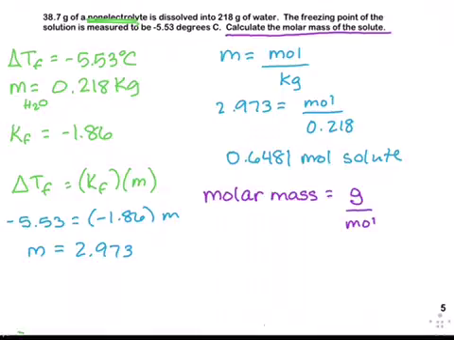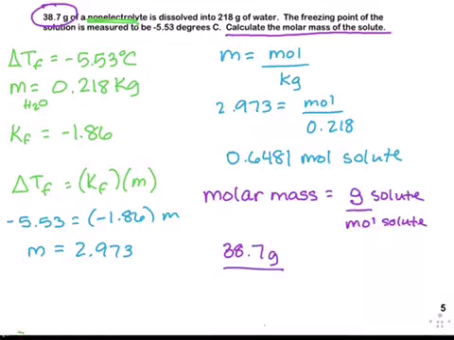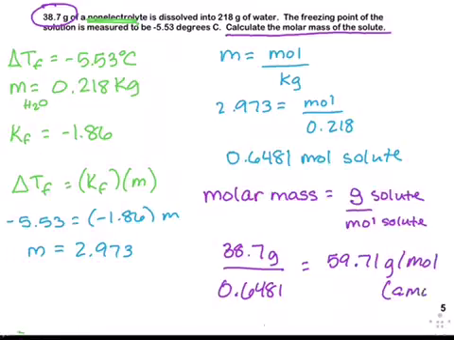Are you given the grams of solute? Yep. Do you have your moles of solute? Yep. Can you figure out your molar mass? Sure can. So you're 38.7 grams over the moles of solute, 0.6481. And you will get that your molar mass is 59.71 grams per mole. Grams per mole is also known as AMU.